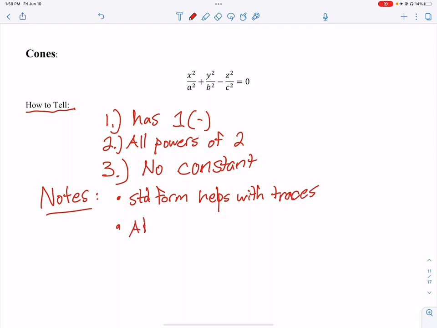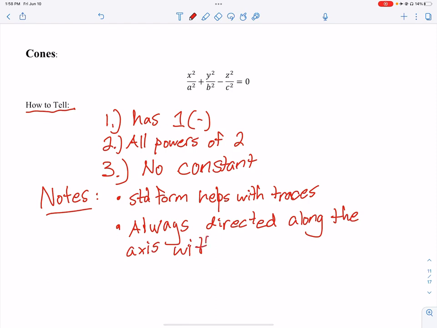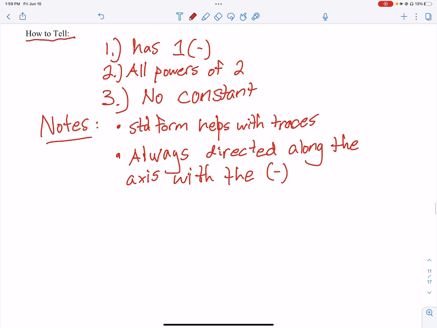Always directed along the axis with the negative. Remember, it's always the odd man out, the one that's different than the others.